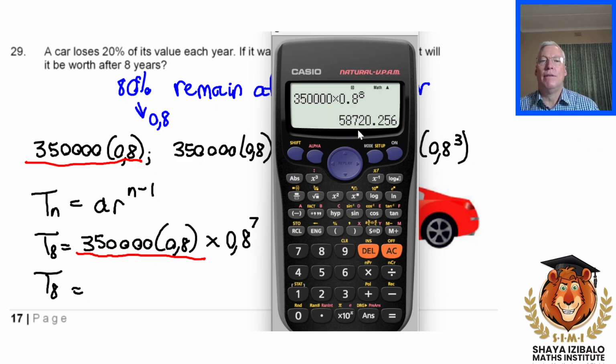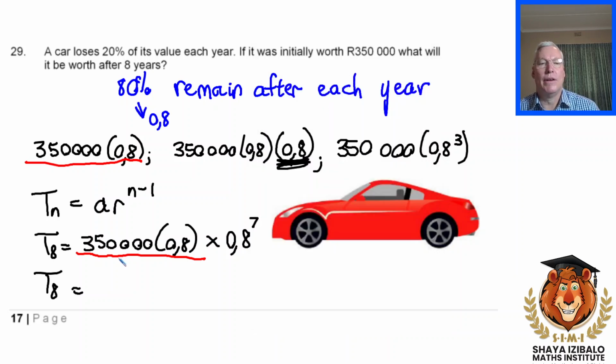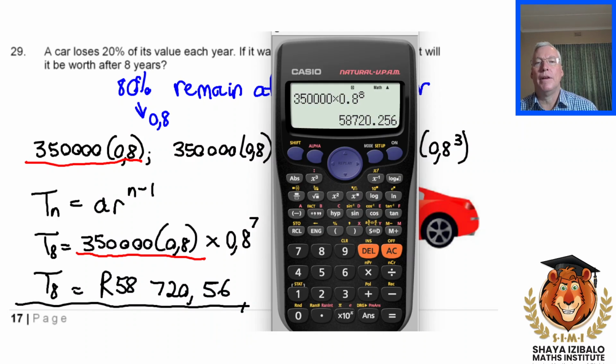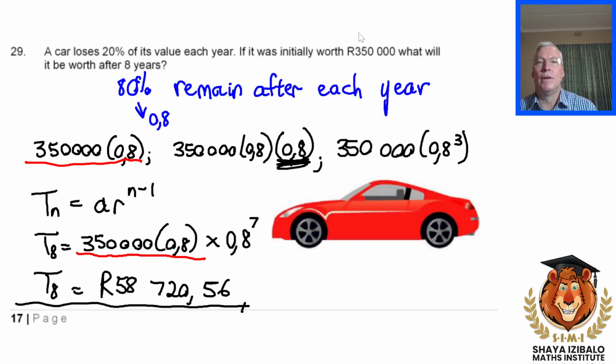And we get 58,720 and 56 cents. With money, we always round to the nearest cent. I'm just going to check myself on that. There it is. Okay, so we round to the nearest cent.